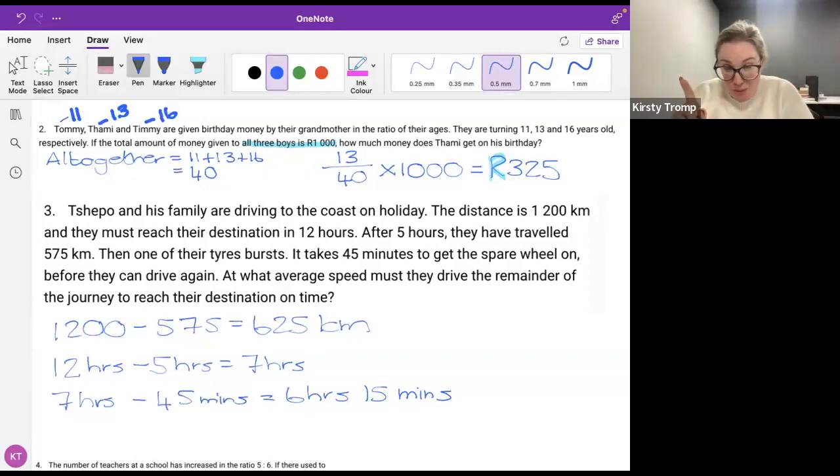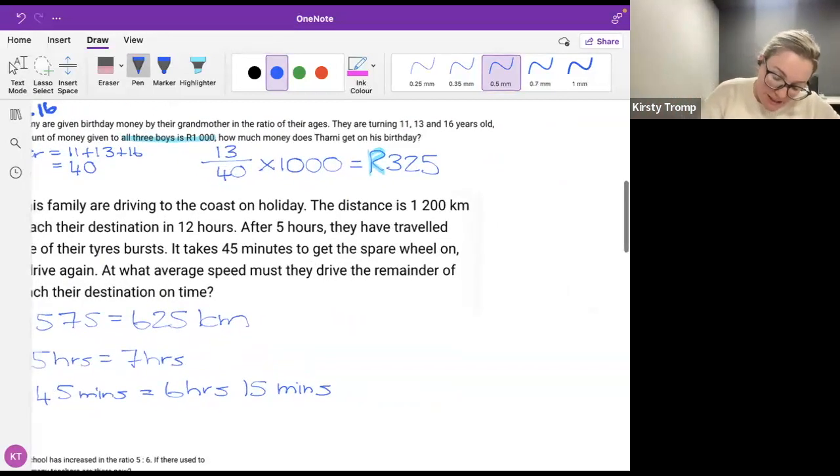So that's not the problem here. That's the easy bits. The problem comes when we go and try to put this on our calculator, because just like a lot of you said, when we calculate the speed, speed is equal to the distance divided by time. Beautiful that so many of you are reminding each other.